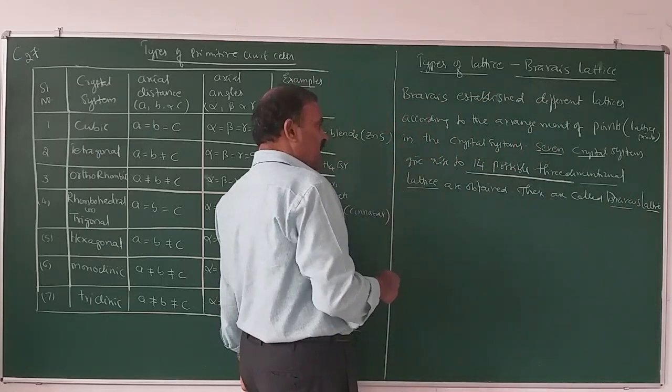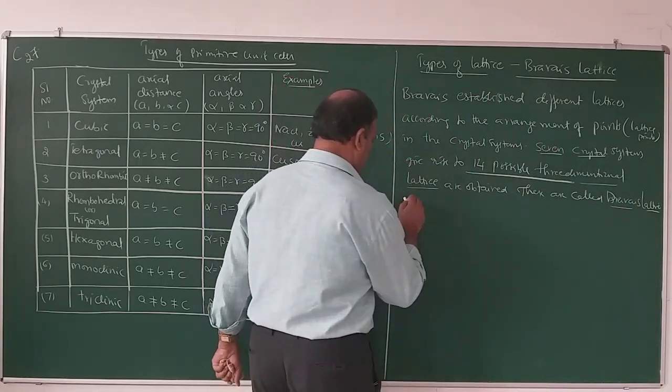So Bravais lattices for different crystal systems are like these.